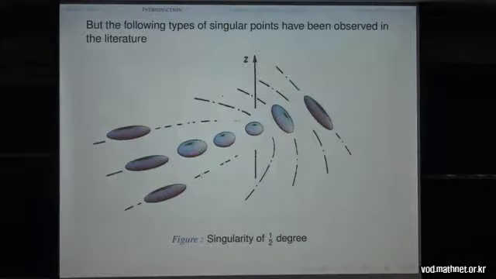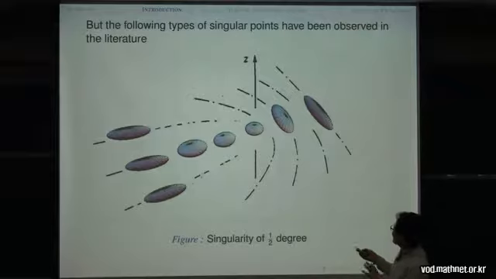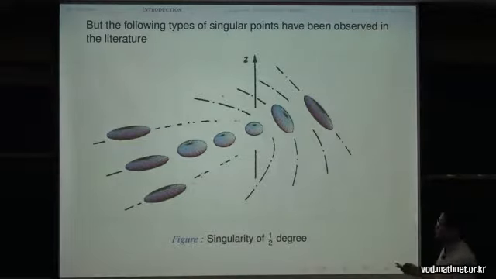But in the physics literature, it has been observed that, so this is a sort of cartoon picture of a singular point.